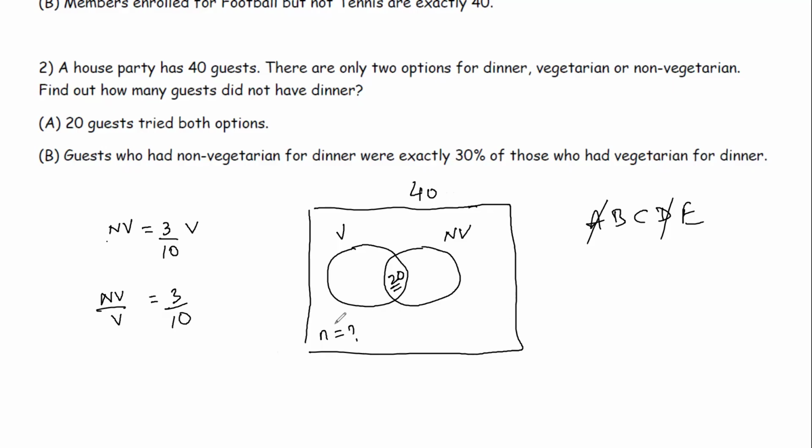So if we ignore the 20 and just look at the ratio, we don't have a number. So with B alone we cannot solve the question. Together also we cannot solve the question, because when we look at 20 and 3:10, we're not getting anything, right?